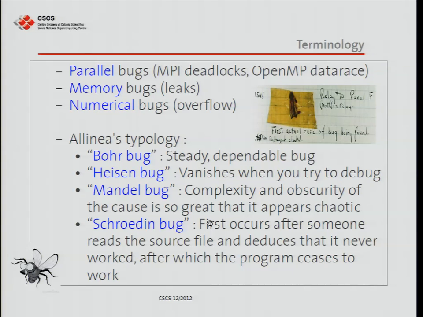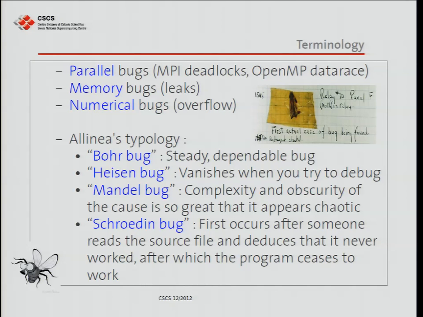So there are different types of bugs. The most common ones are parallel bugs, like for example the OpenMP data race that we will see in the exercise. A data race is when more than one thread is trying to access a variable and overwrites the value of the variable, and that's typically a problem of parallelism.